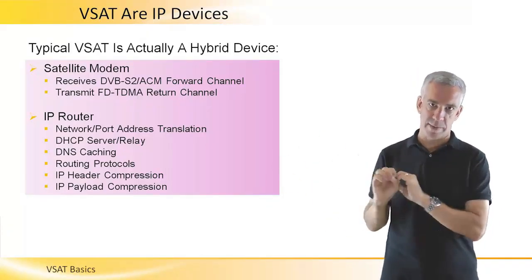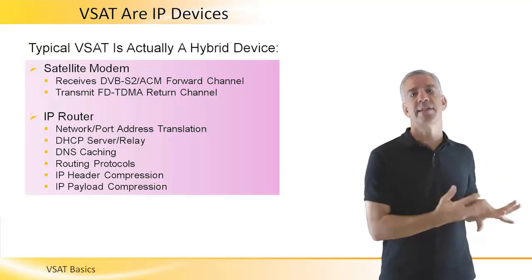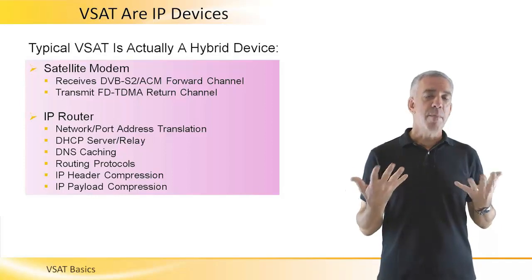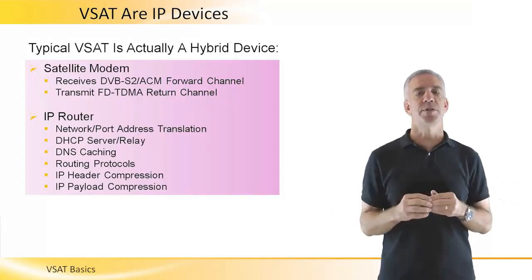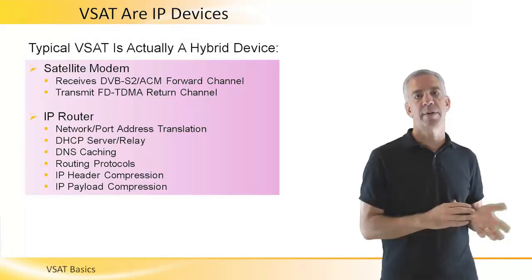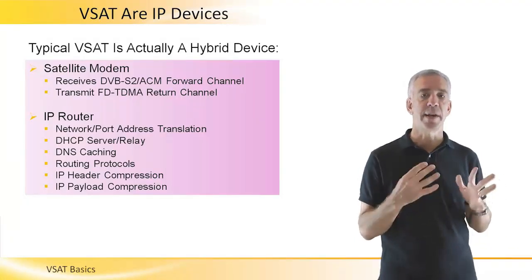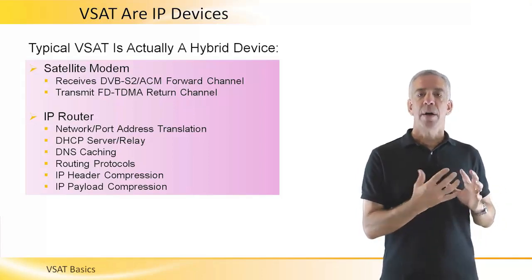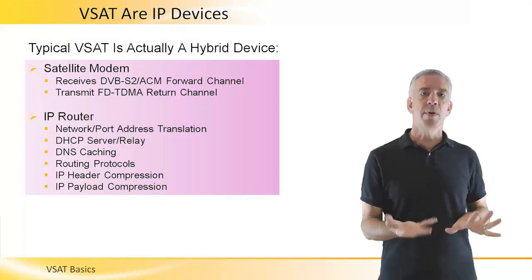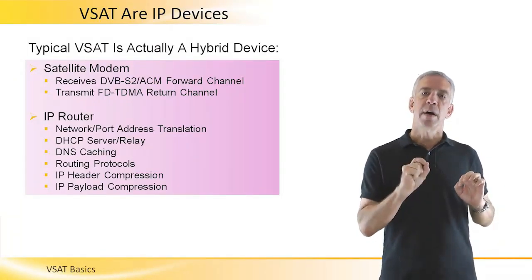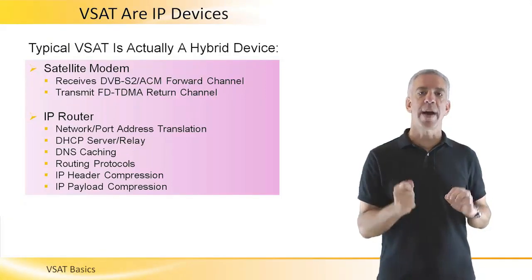That's the satellite part of it. On the IP side of it, the VSAT typically has most of the IP features that you see in a typical edge routing device. So things like DHCP, DNS, NATing, padding. These are all features which enable the VSAT to communicate in a very economic and efficient way over the satellite.